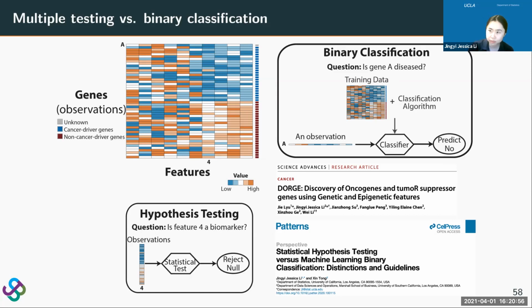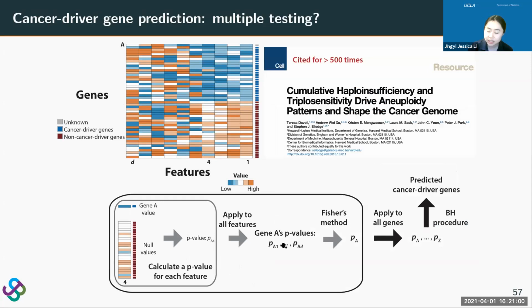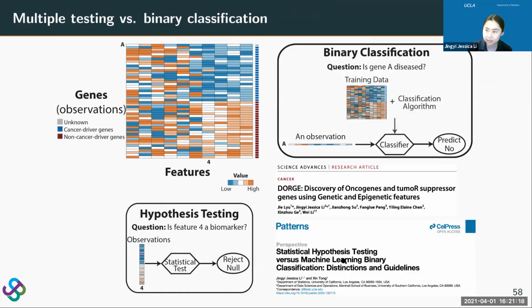But the issue with multiple testing is that, if we go back here, they actually need some p-value combination before doing thresholding. And essentially, the p-value combination is often done by Fisher's method, which assumes independent p-values, and that can cause some issues. So that's why I would say that using binary classification formulation can simplify the problem greatly without addressing that. So we don't need to address that p-value combination difficult issue.